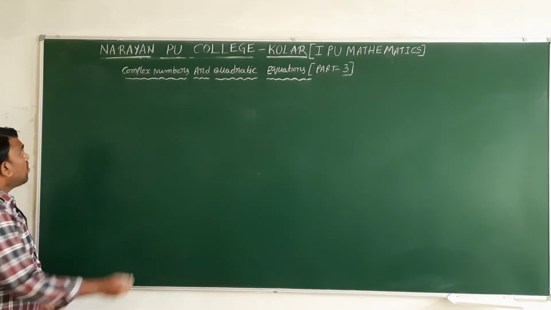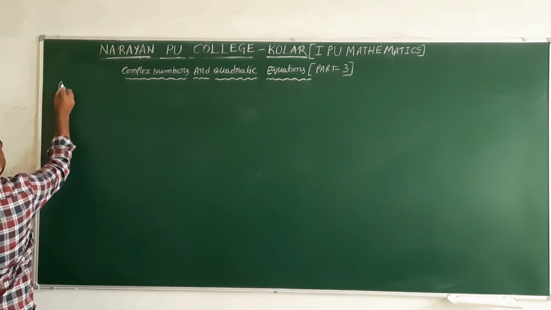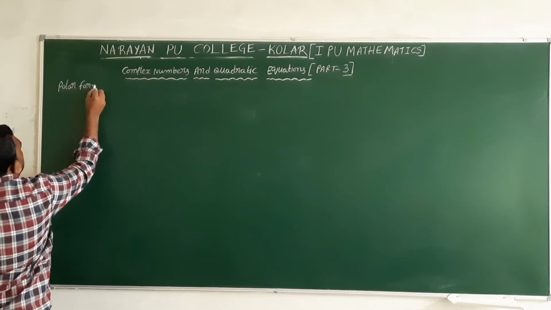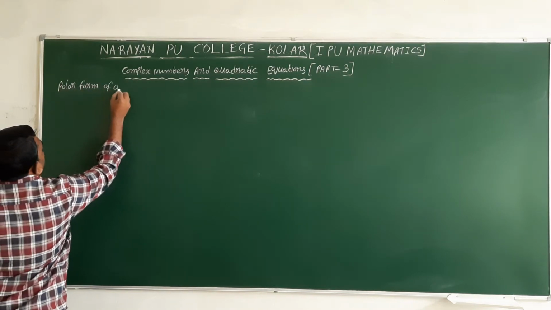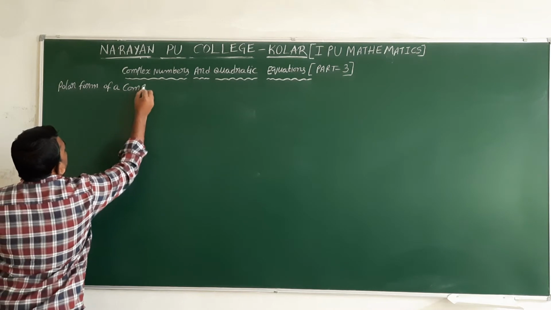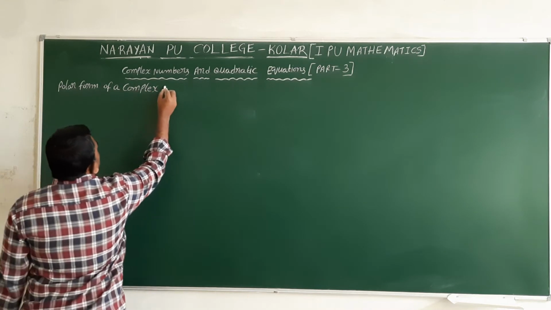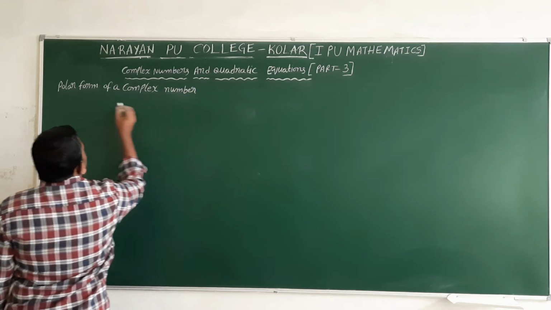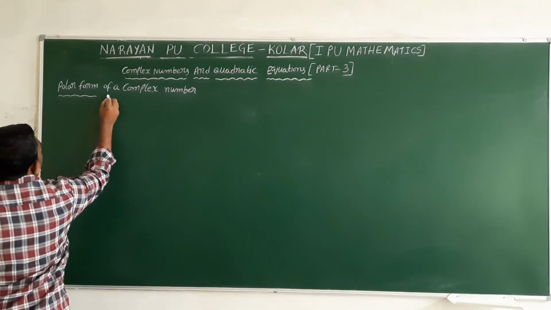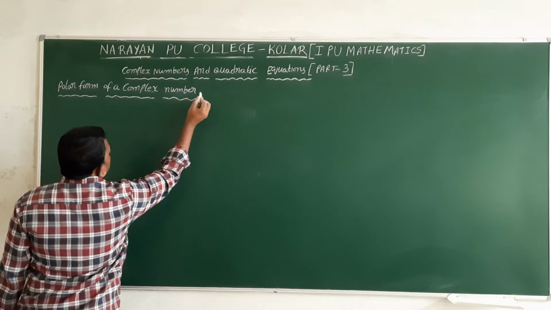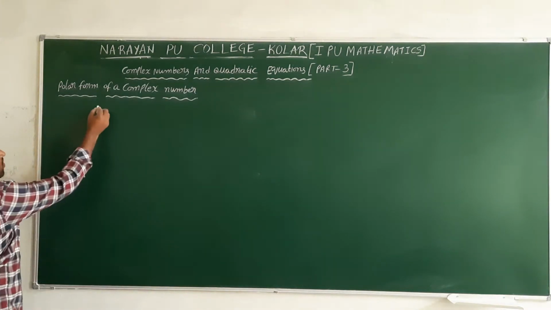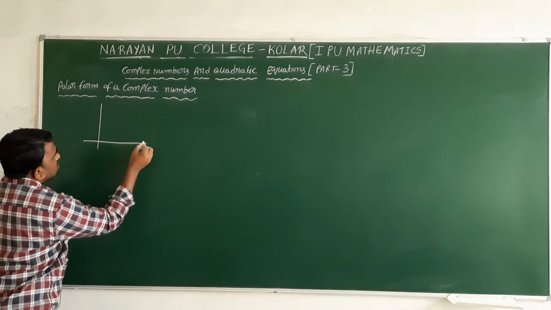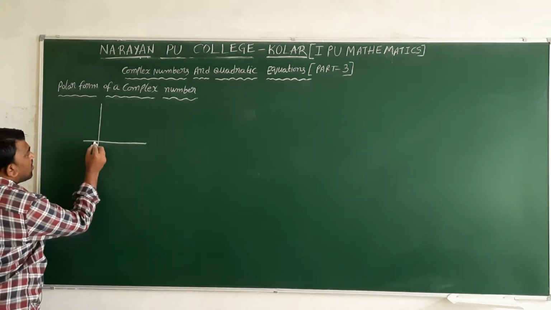Next concept, polar form of a complex number. First we consider the two-dimensional plane, the argand plane, in complex numbers. Origin.